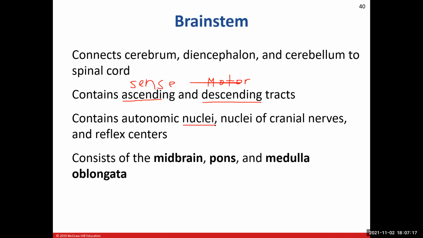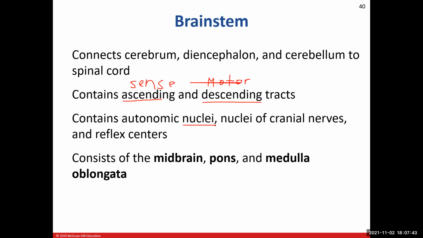So the autonomic nuclei are going to be part of the autonomic nervous system, the part of the nervous system that's in charge of respiration rate, heartbeat, blood pressure, digestive activities. These autonomic nuclei are located in the brainstem. We'll also have the nuclei of our cranial nerves. The cranial nerve is a nerve that comes off of the brain. And then some of the reflex centers, we'll talk about all that.